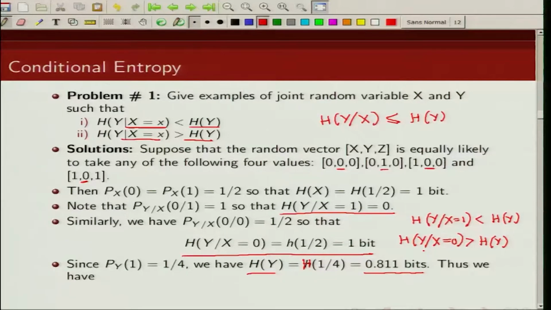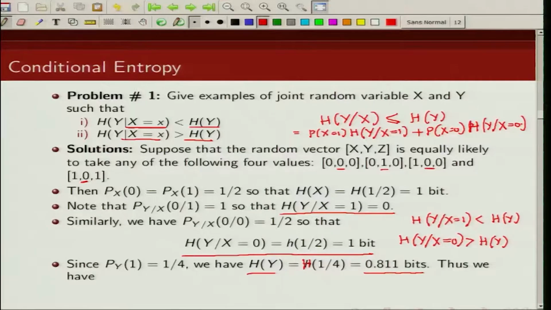So the uncertainty in y given x is the probability of x equal to 1 times h of y given x equal to 1, plus the probability of x equal to 0 multiplied by the uncertainty in y given x equal to 0.